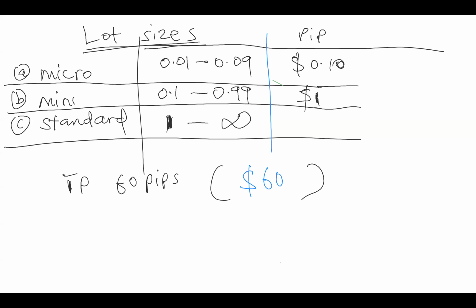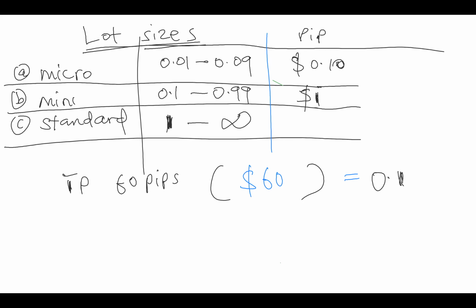Because using 0.1, we are actually making $1 per pip. So for 60 pips, it's simply $1 times 60, which is $60. This is with 0.1.